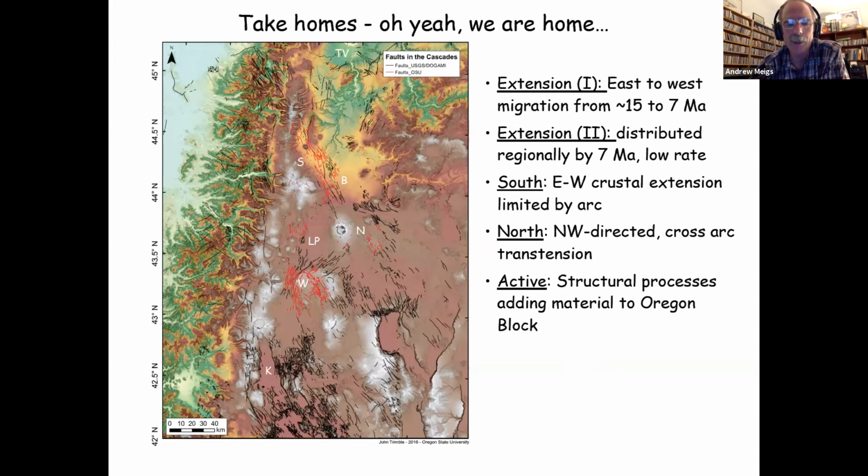That material to the west of where that faulting is occurring could be thought of as in fact moving now with the Oregon Coast Range block, and thus helping to explain how that block can move wider and add material from one side of the arc to the other.